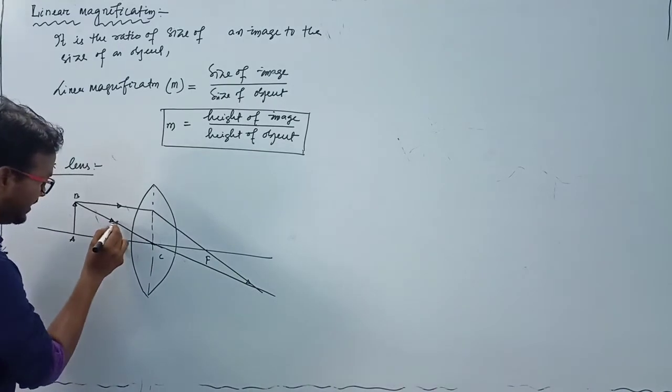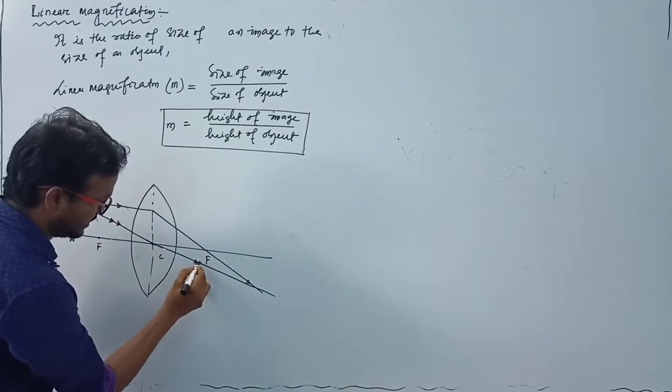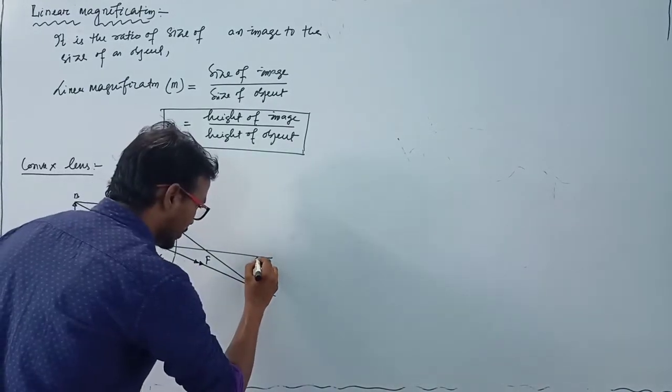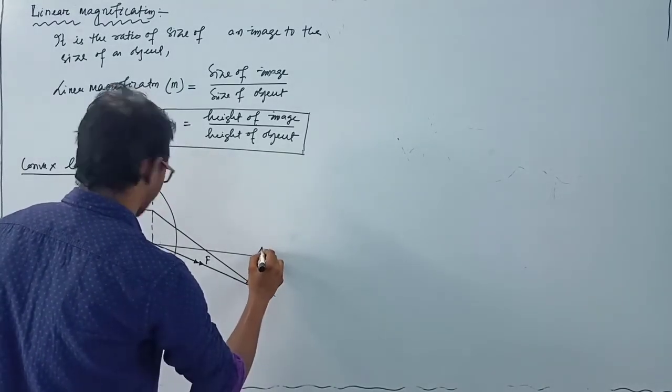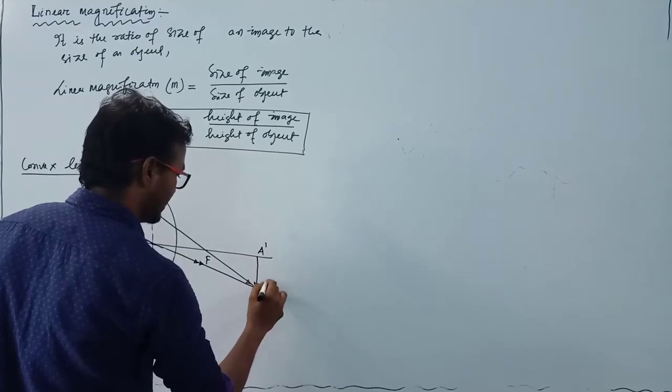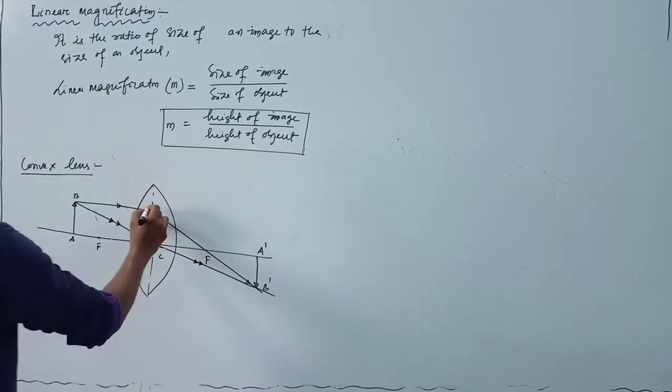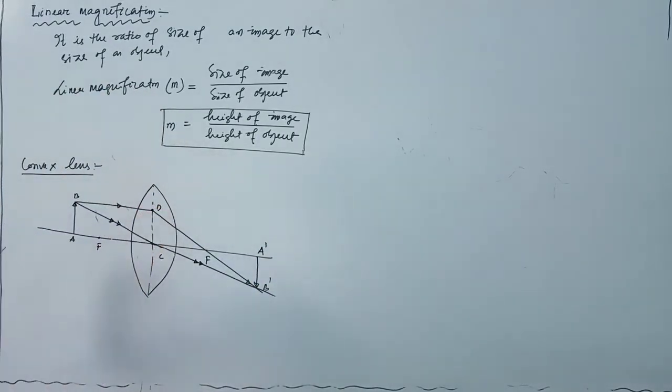Suppose this is the second ray, and here we get a final image beyond 2f. Suppose this image is A dash B dash, and suppose this point is D. Clear?